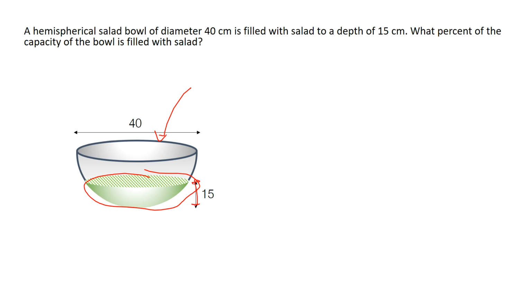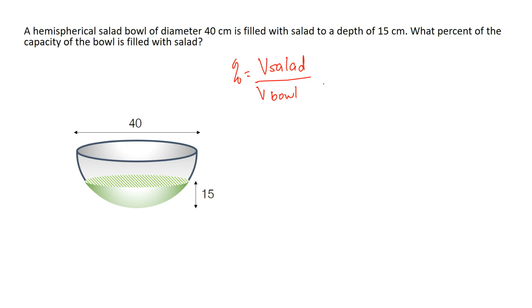So, pila daw ka percent sa total capacity ang gi-occupy sa mga salad? That is the question. So, to get that percentage, class, just get the volume nga na-occupy sa mga salad divided by the total volume sa imong bowl, times 100, of course.